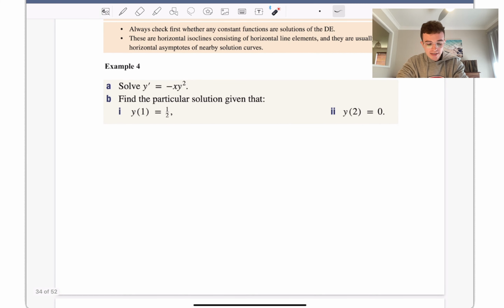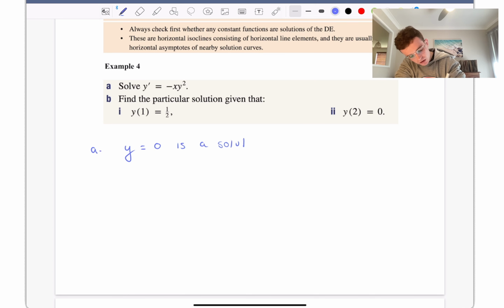So we're solving y dash equals minus xy squared. We might notice, first of all, that y equals 0 would be a solution to this equation. And we call that a trivial solution. y equals 0 is a trivial solution to this equation because it makes the derivative 0.